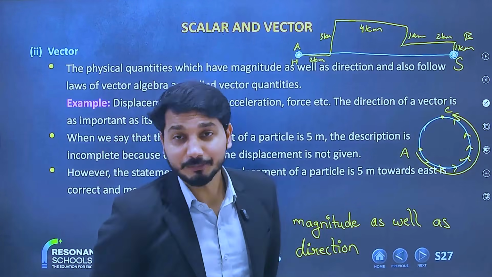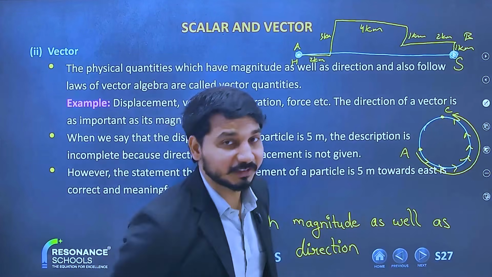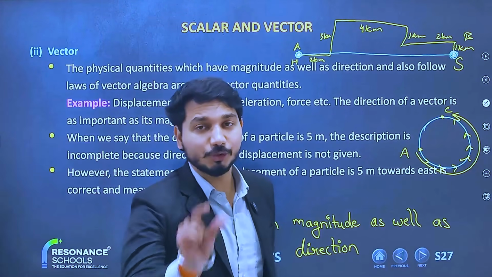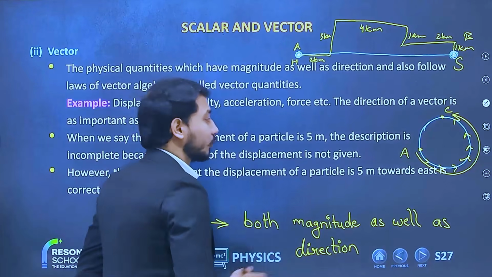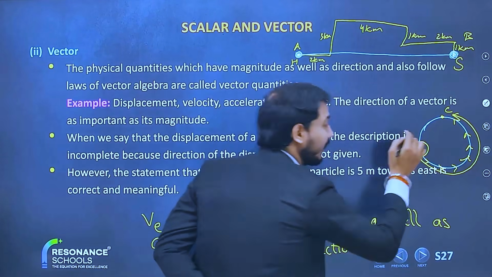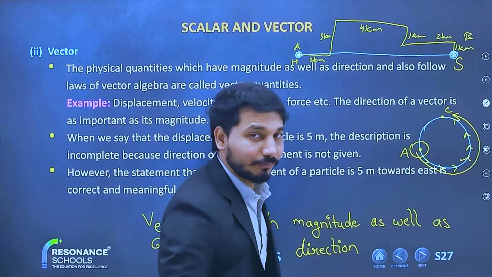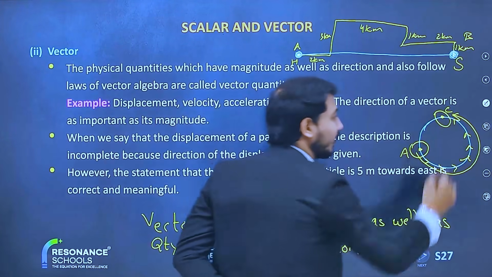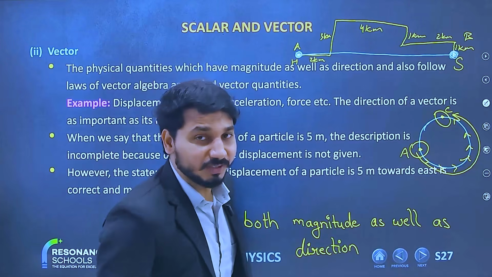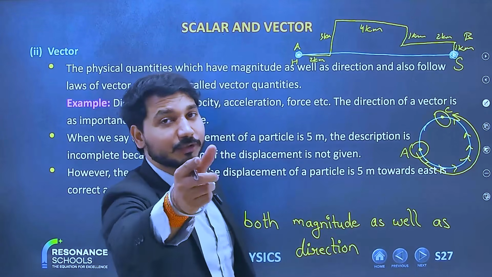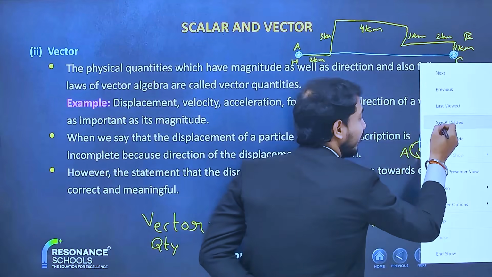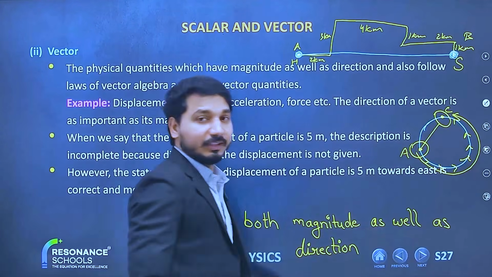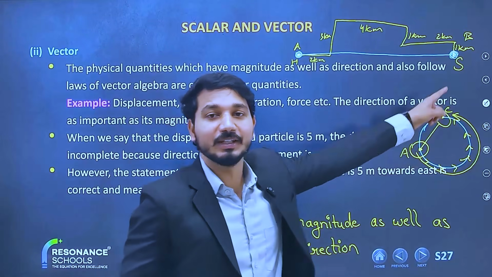But if someone asks what is the displacement in this case, we know displacement is the shortest distance between initial and final position. Point A is the initial position and point C is the final position. What can be the shortest distance? The straight line joining the initial and final position.